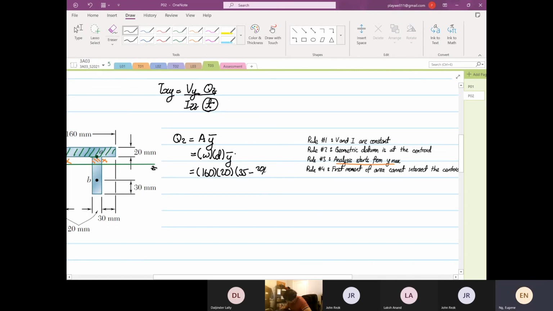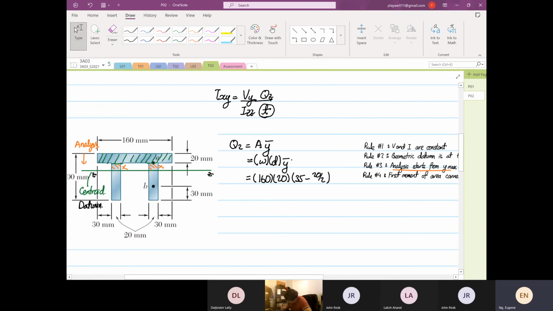Okay, so 35 minus 20 divided by 2. So this is the dimension that we're calculating, our Y bar. So it is equal to 35 minus 10.